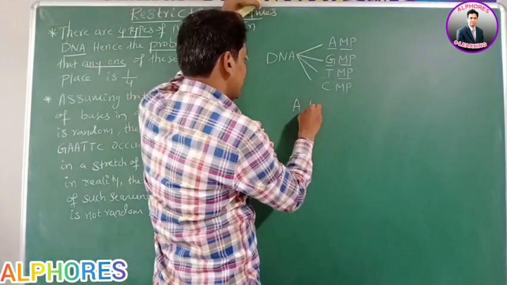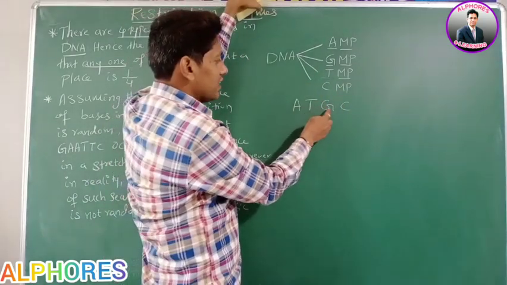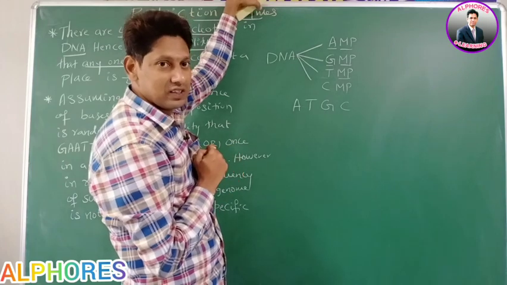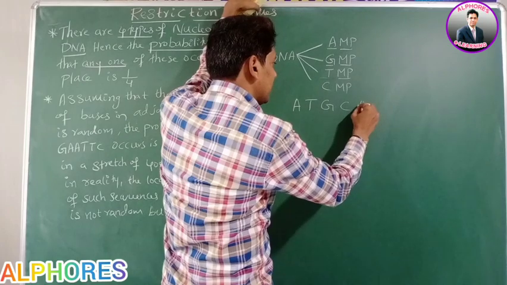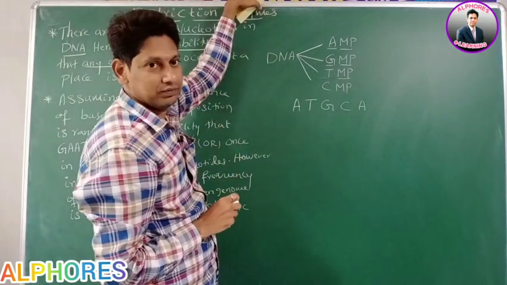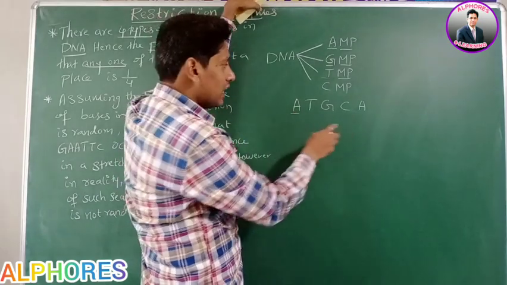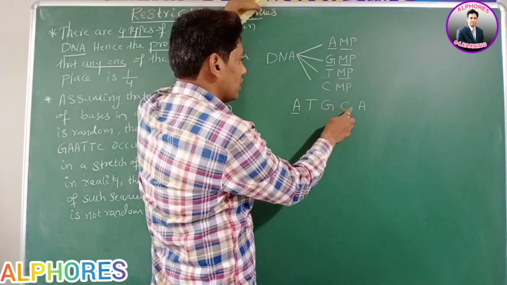See here, ATGC. How many types of nucleotides? 4 types of nucleotides. Is it okay? Again, A will come as which nucleotide? 4th nucleotide. See here, this is right, A. Again, A is coming as which nucleotide? 4th nucleotide, 1, 2, 3, 4.